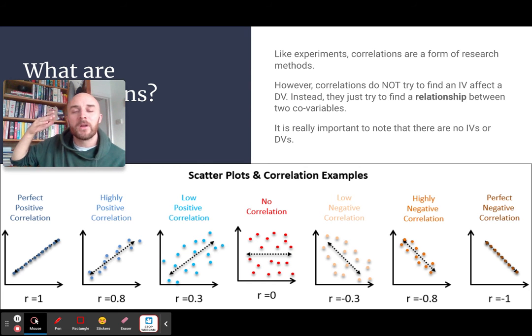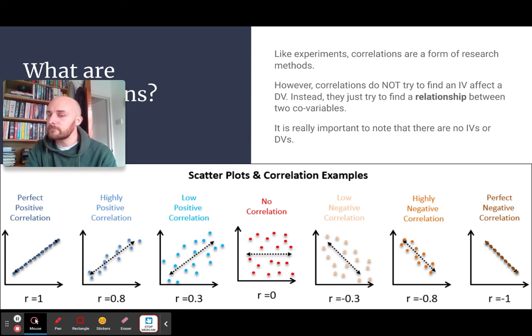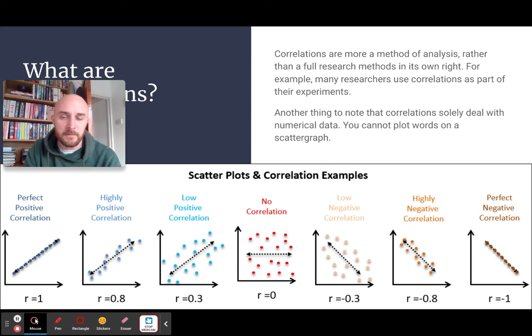That would be a good foundation to move on. So what I'm trying to make clear here is that if you find a strong correlation, that's good ground for you to then do a scientific experiment to see if an IV did affect the DV. I explain that so terribly.